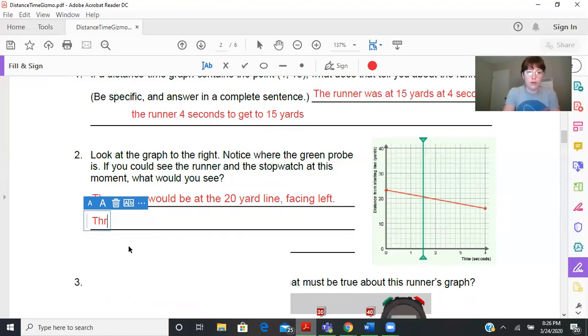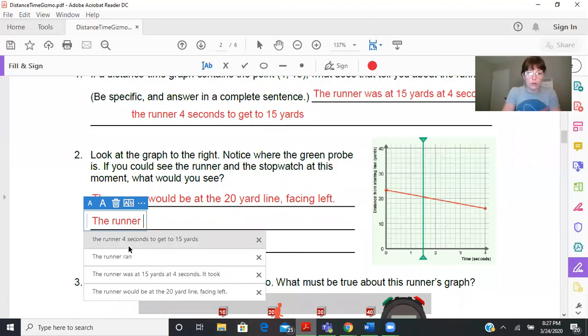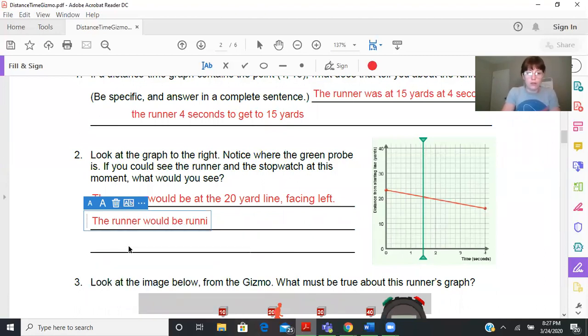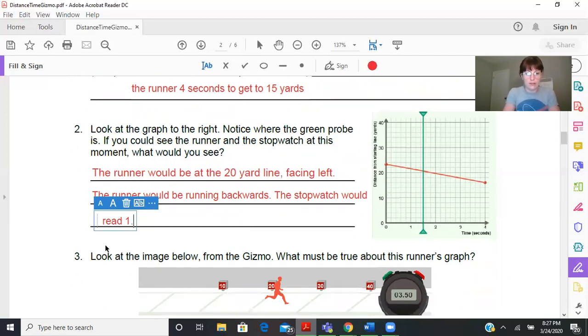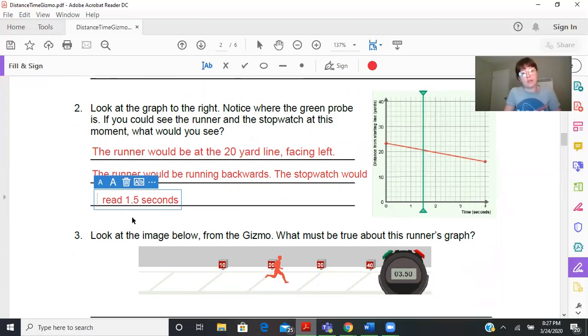The runner would be running backwards, and then I would also say the stopwatch would read 1.5 seconds. And that's talking about just the specific point where the green probe is. So 1.5 seconds, 20 yards. And he's decreasing distance, so he's running backwards.